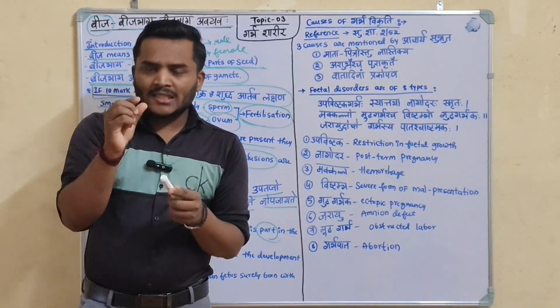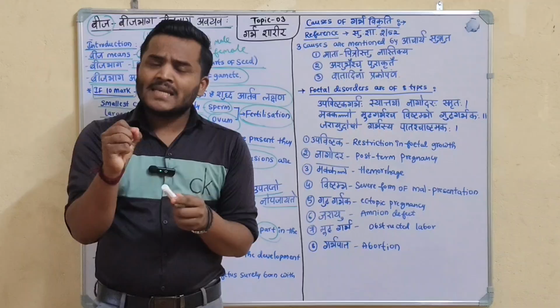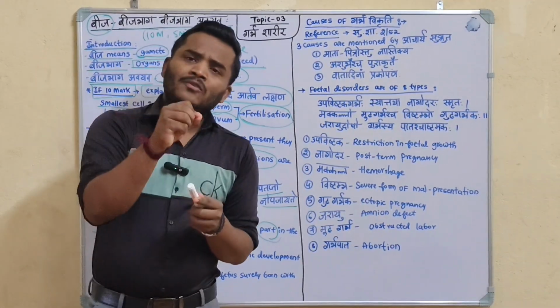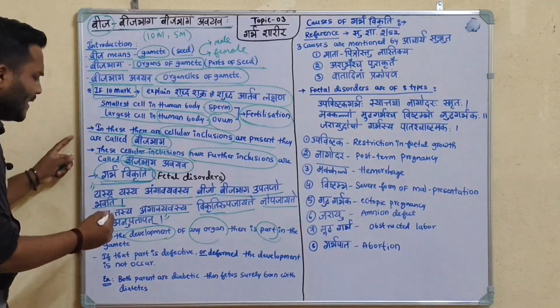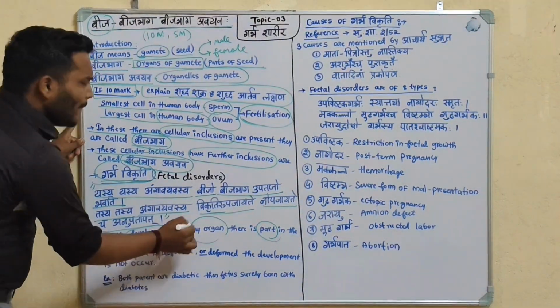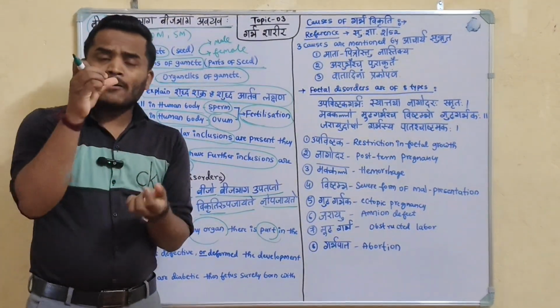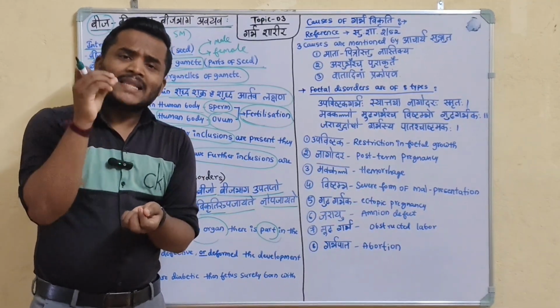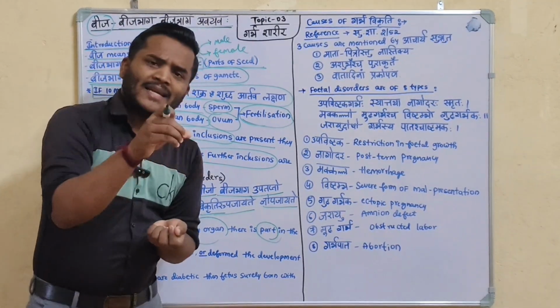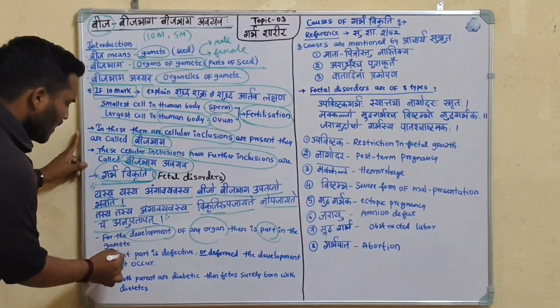Here, a specific part is responsible for the specific organ. What they are saying here is that for the development of any organ in the fetus, there is a part in the gamete.